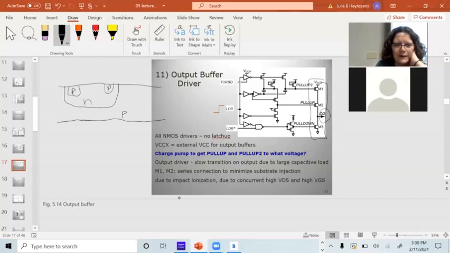For the NMOS transistor, I need these N diffusions in here. I have an NPNP, or you could call it a PNPN.